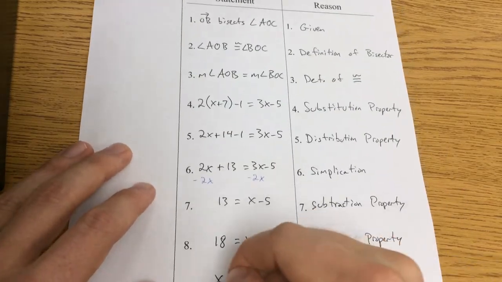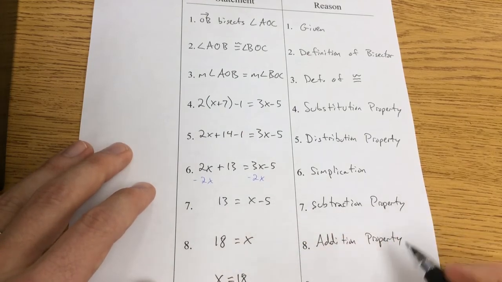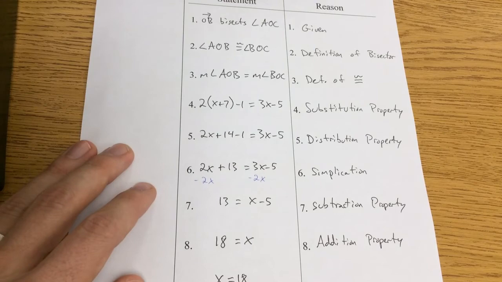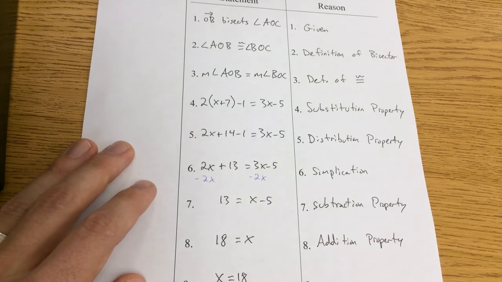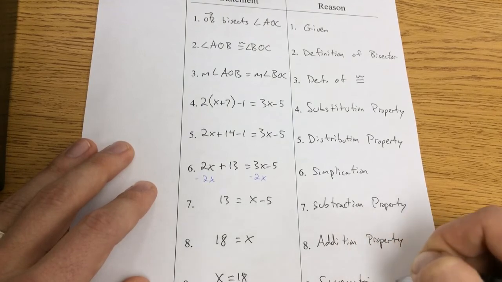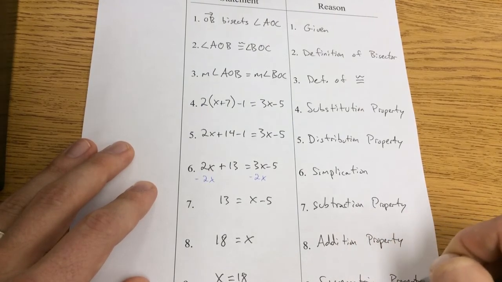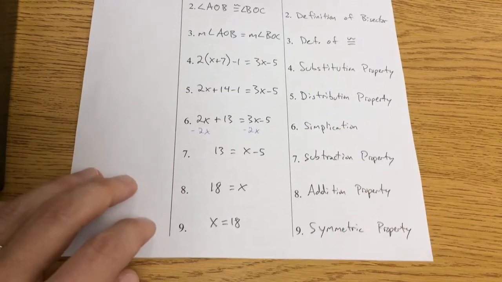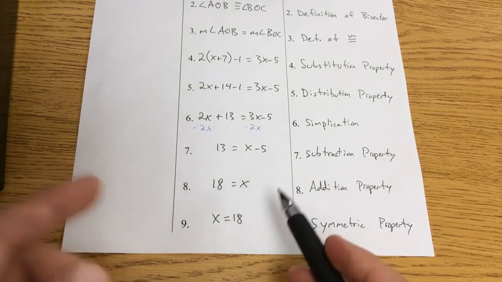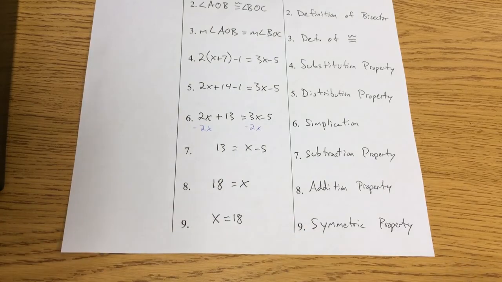So lastly, I can write that x is equal to 18, and the reason I can say that is because of the symmetric property. Oops, sorry, you couldn't see that one as I wrote it. x is equal to 18 because of the symmetric property. It's the exact same thing. I just flipped it around. I made it symmetrical. So there it is, we have it.